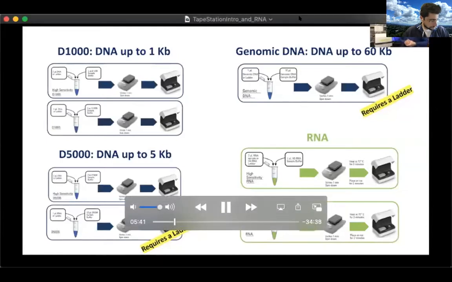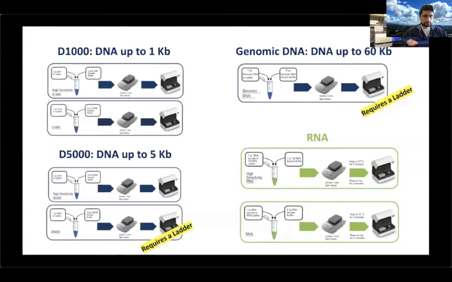Another application that visualizes much bigger molecules, actually up to 60 kb, is the genomic DNA application. This is not very common, actually. I usually use it if I want to check whether my extracted genomic DNA has high molecular weight. And this will become a very important assay to run, especially if you are transitioning to the third generation sequencing technologies such as PacBio or Oxford Nanopore.